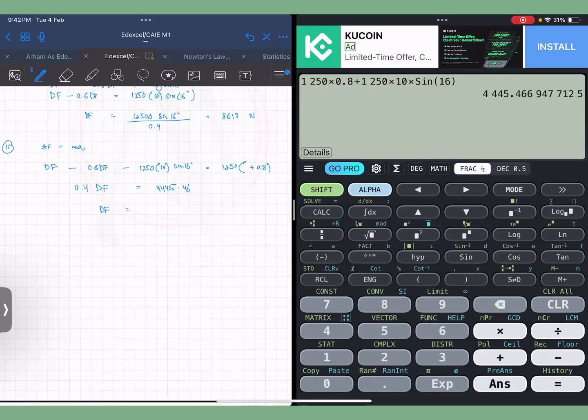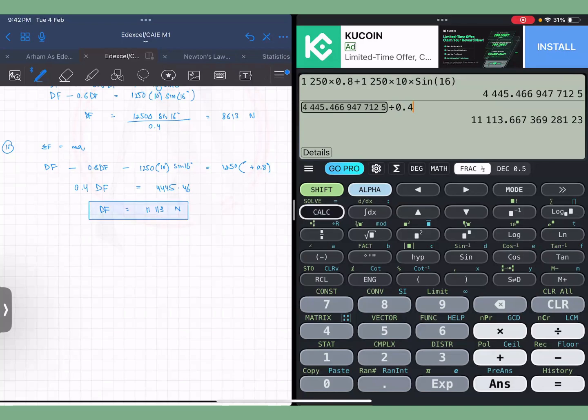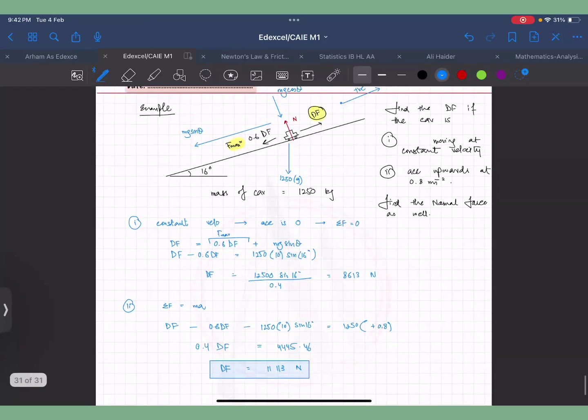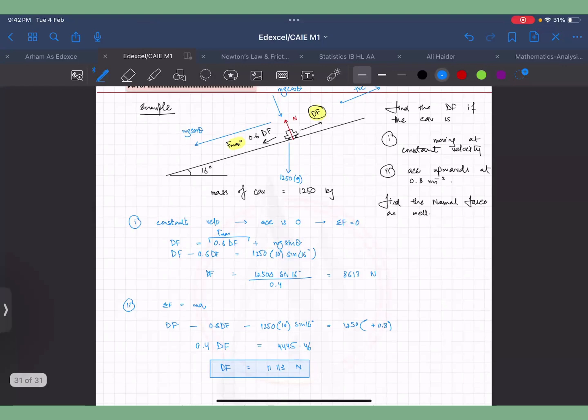So df equals this complete answer divided by 0.4, which is 11,113 Newton. So look, now the driving force is greater than the friction, and it is also greater than the weight component. The driving force is overcoming the weight as well as the friction, and it is more than those. So that's why it is producing an acceleration. The car is speeding up now.